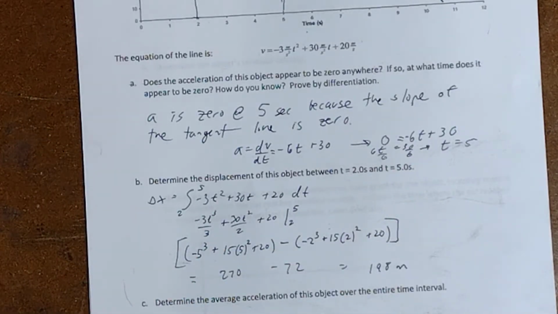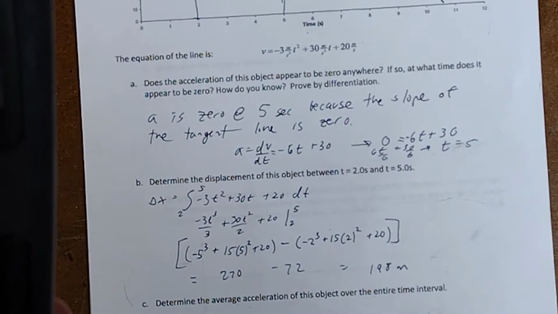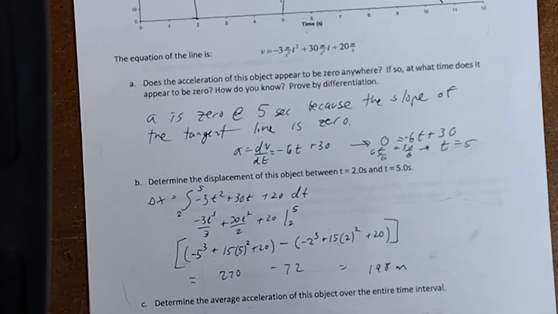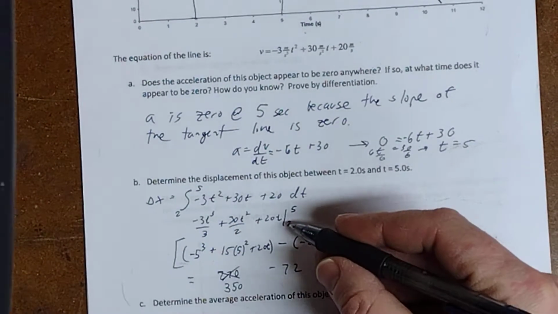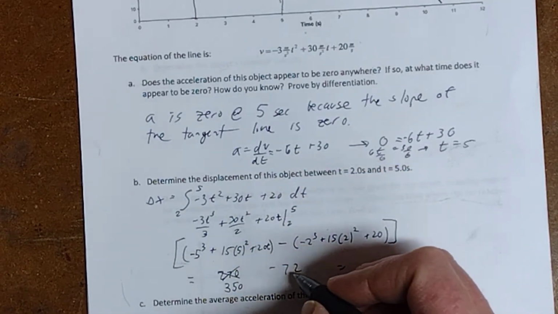Negative 5 cubed plus 15 times 25. Alright, just found my problem. I forgot the t on this 20t. That makes this 350.